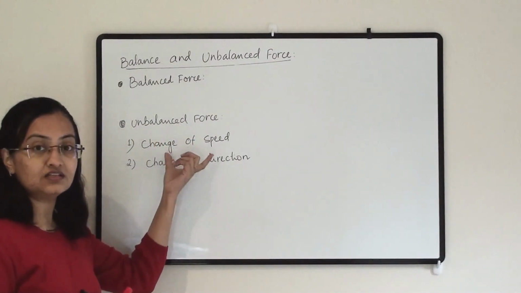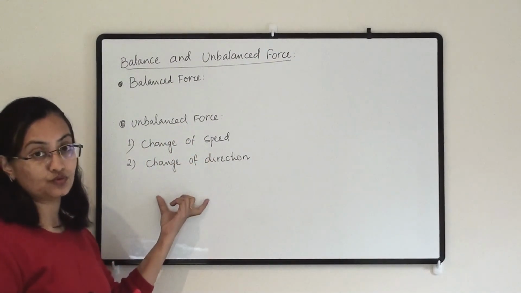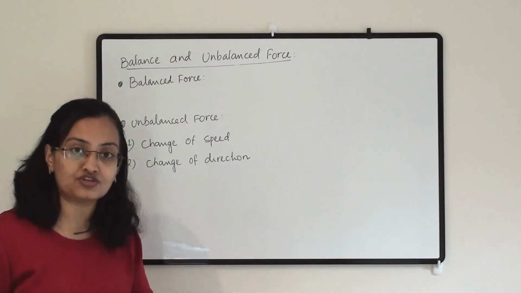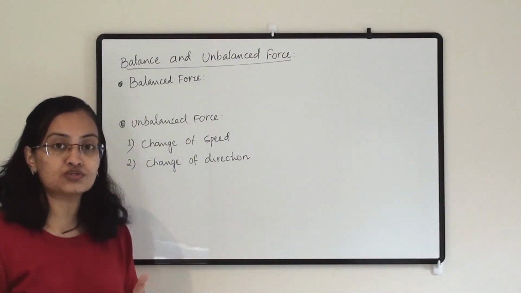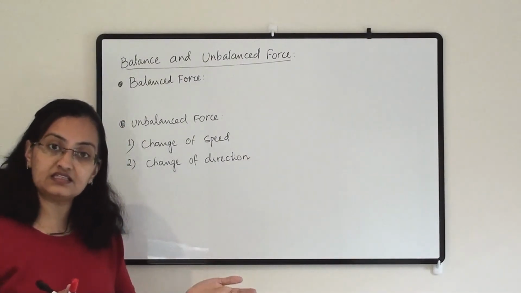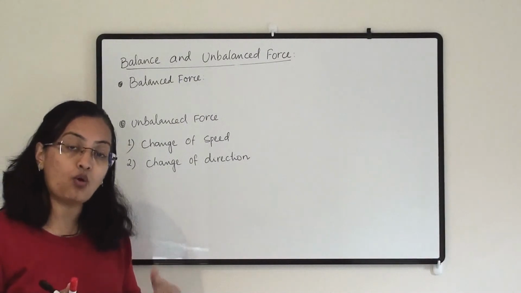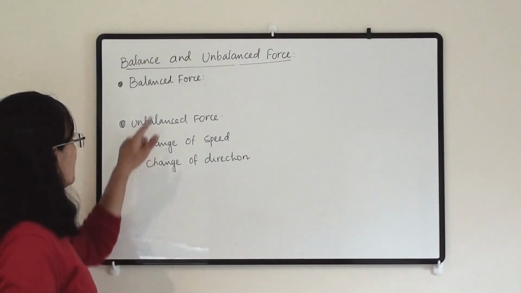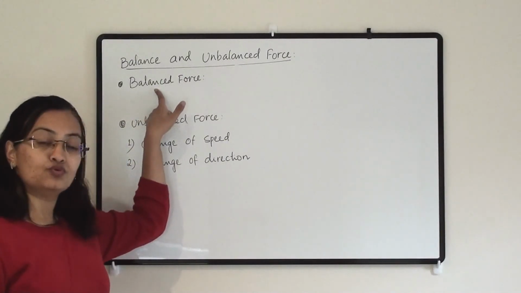So these are the applications of unbalanced force. When we apply force which is larger than the friction, it will show some result in the movement of the object. Either we can increase or decrease the speed, or we can change the direction of the motion. Then what can balanced force do?